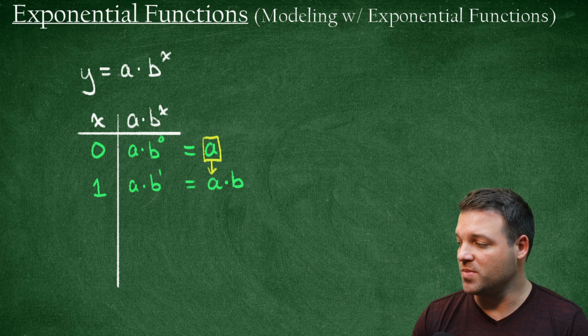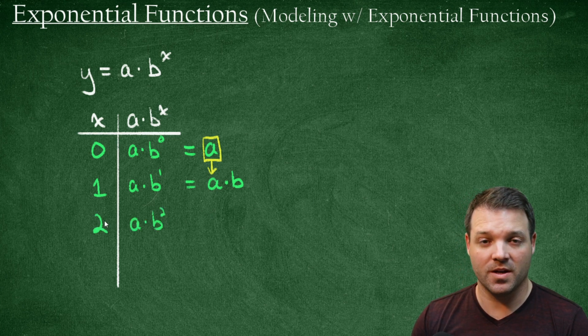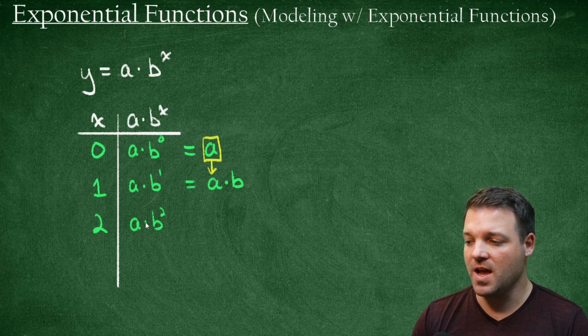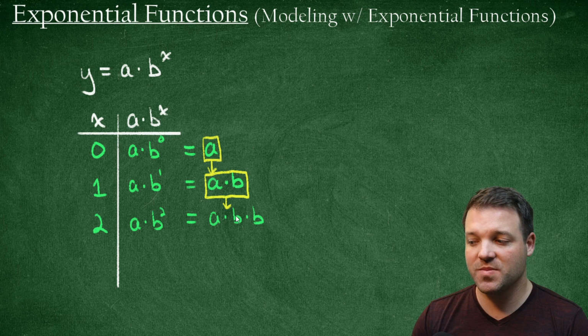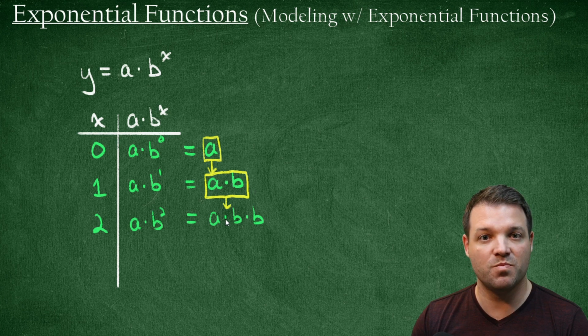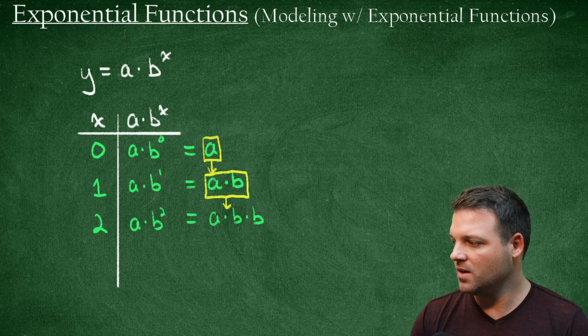There are many names for b, actually. And if I go up again to 2 for x, then I get a times b squared, which of course is a times b times b, which again has the previous value built into it. I have a times b, which is the previous value, times another b.